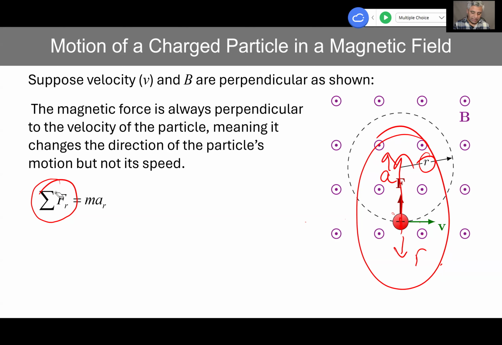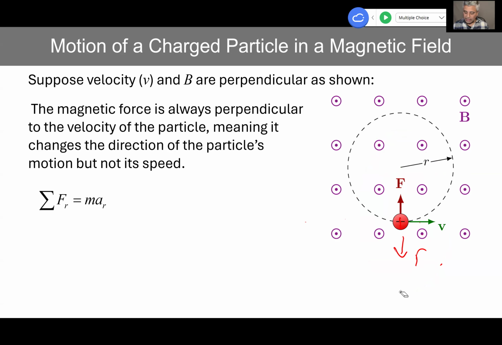So we are using this idea here. In this case, the only force is this force. So net force can be simply written as this force due to the magnetic field, or F_B, just that. And we learned that that is qvB sin theta. So that's what I'm writing here, theta being 90 degrees, okay?